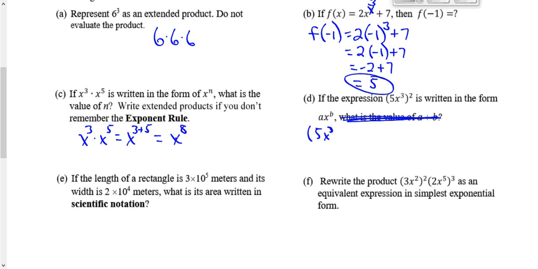Just the x, right? Cubed. And then that whole thing squared. Now what's getting squared? The 5 and the x cubed, right? So wouldn't that be 5x cubed times 5x cubed? Right? Well, if I just square whatever that thing is, the thing is 5x cubed. So it'll be 5x cubed times 5x cubed, right?